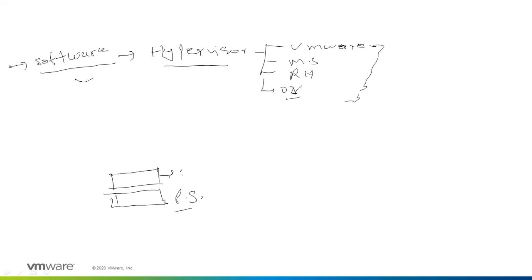That software we will call a hypervisor. Different vendors make different types of hypervisors, but at the end of the day their goal was the same: the hypervisor is installed as system software directly on your physical server instead of putting an operating system.